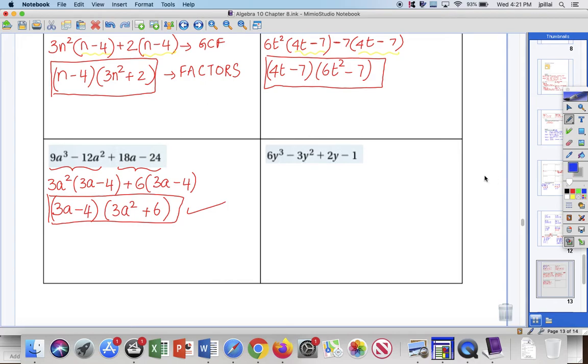So you can go that extra step. 3a minus 4 can stay. Now 3 can be factored out. That will give me a squared plus 2. Look at that. Now I should rewrite it in a nice way: 3 times 3a minus 4 times a squared plus 2.